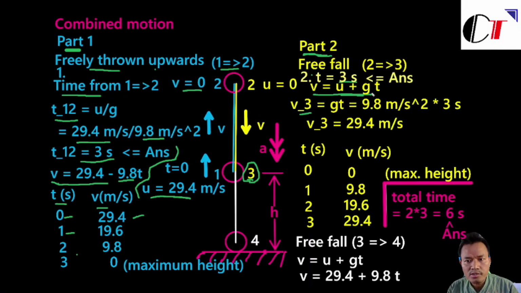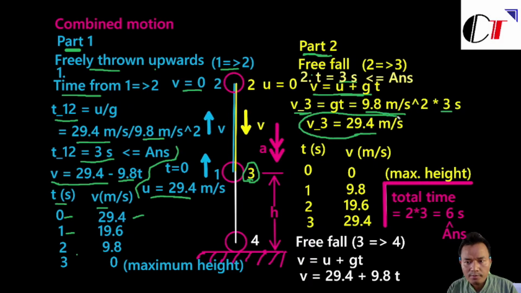So 0 plus gt. Now you want to determine the speed at position 3, which is just g times t, and you have already found that from 2 to 3 it takes 3 seconds for the particle. So you just substitute g equal to 9.8 and the time is 3 seconds, and you will get the speed is 29.4.